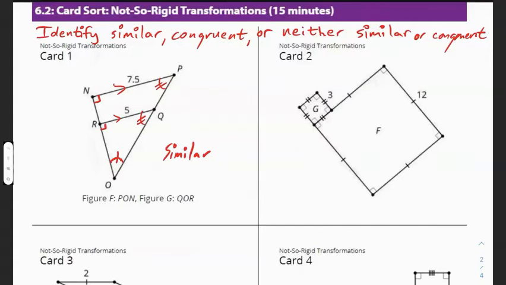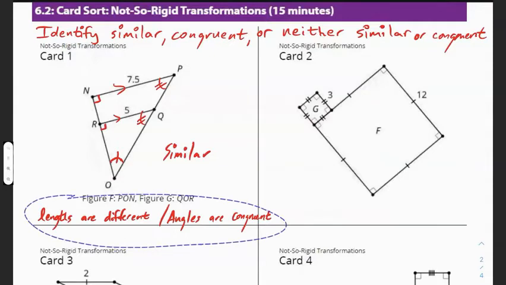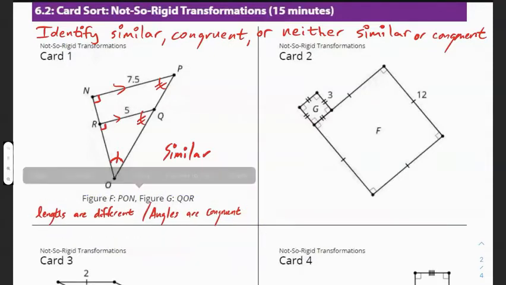The lengths are definitely different, angles are congruent, so that's a good indicator that we're probably looking at a similar situation.